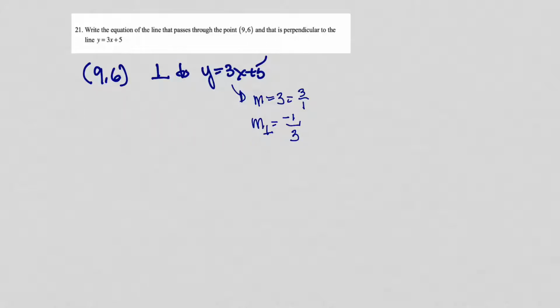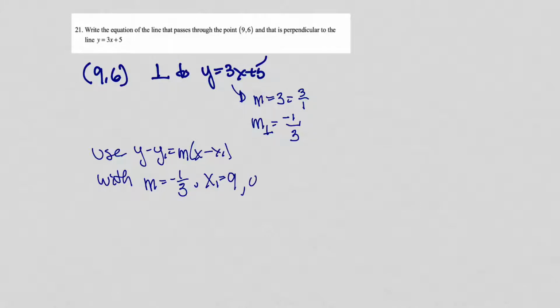So now what we'll do is use that point slope form, which is y minus y1 equals m times x minus x1. And here's what we have. We're going to use this template with m equal to negative 1/3, x1, the first x, in fact the only x we see, is 9, and y1, in fact the only y we see, is that 6.